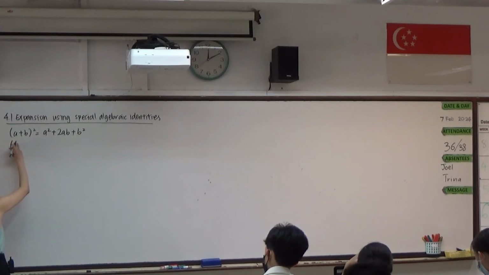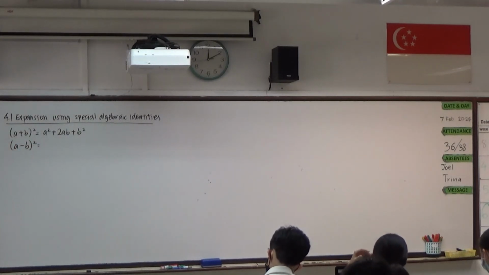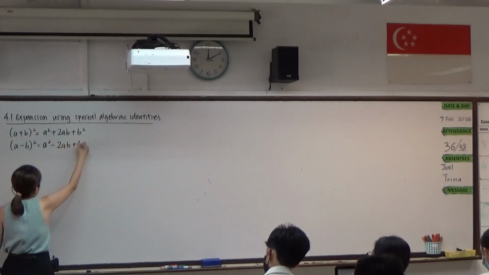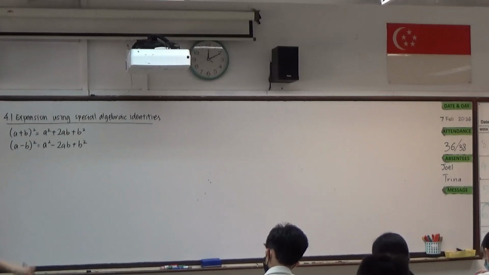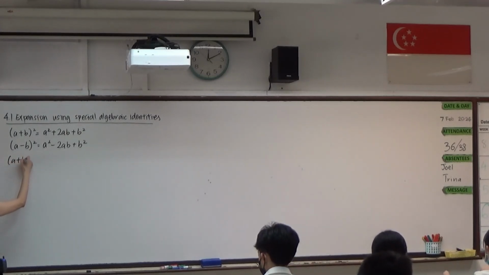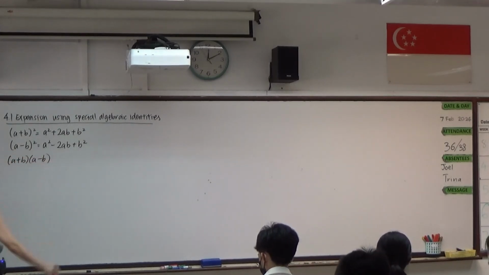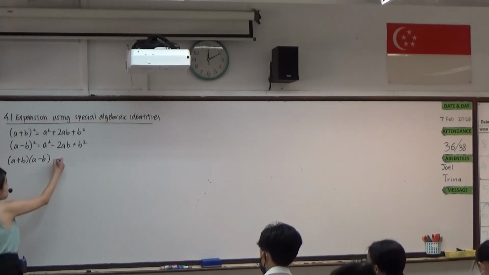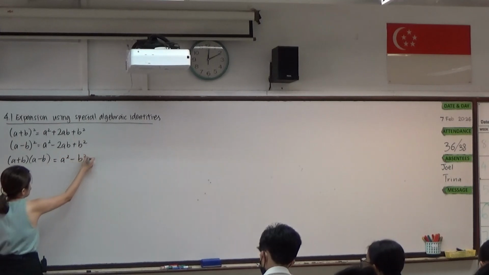And then we also have (a minus b) squared, which is a squared minus 2ab plus b squared. And then the last one we did yesterday was (a plus b) times (a minus b), which gives us a squared minus b squared.